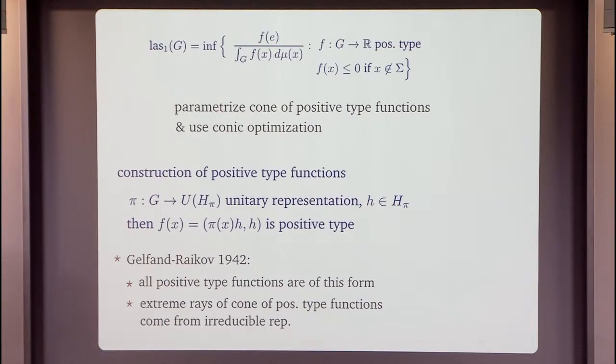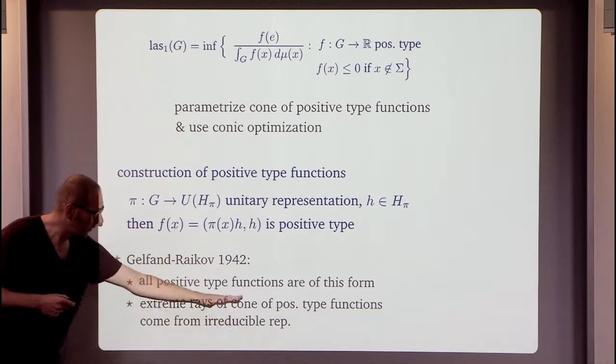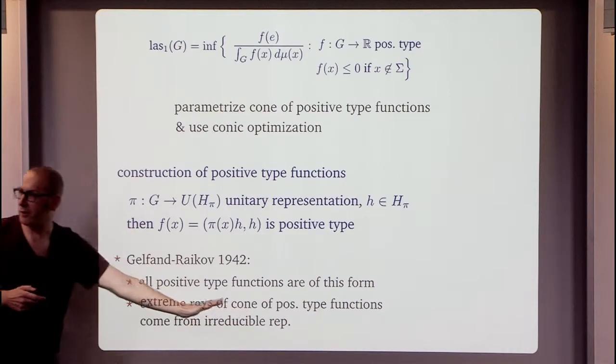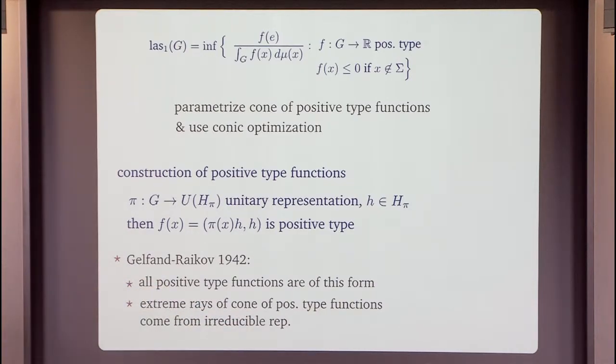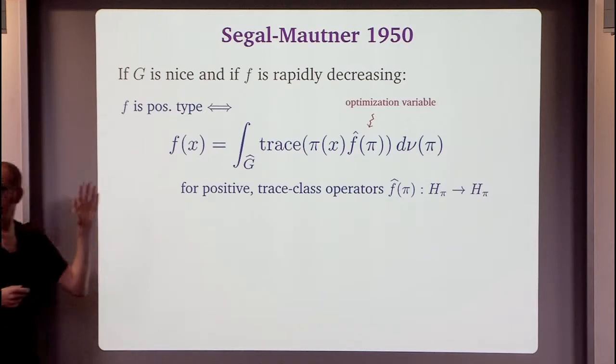So if you want to optimize over this cone of positive type functions, then it's good to use the irreducible representations. And here's a very general theorem which shows a complete characterization of all positive type functions. It gives you a complete explicit formula for producing all positive type functions. So in a way, it is a generalization of the Fourier inversion formula of Bochner's theorem.